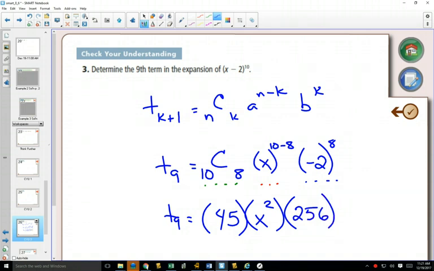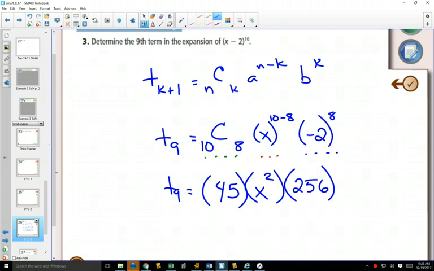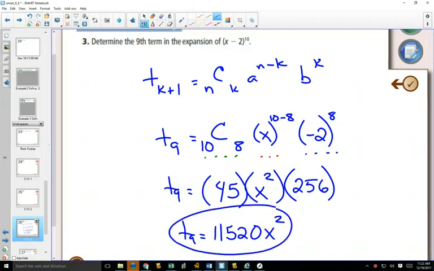A negative number to an odd exponent will always be negative. So we simplify each one separately. Now we multiply our numbers together. We put our variables together. There's only the x squared. So I'll go to my calculator again. 256 times 45. And term 9 is equal to 11,520 x squared.